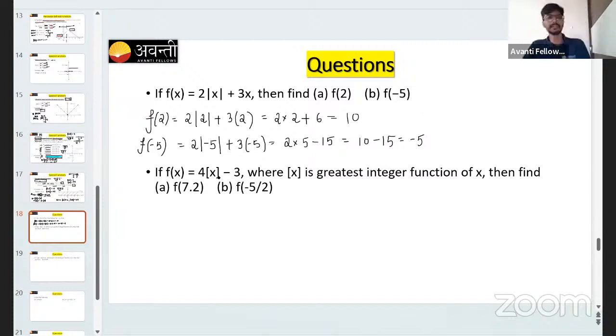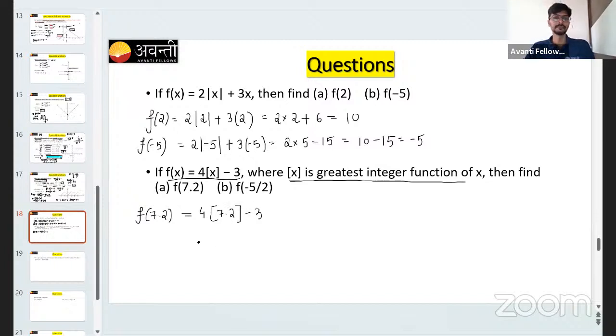Next is for step of x. So here f of x is 4 step of x minus 3. It is given that the square bracket x is the greatest integer function, or as we like to call it, the step function. So first is f of 7.2, which means put 7.2 in place of x, so 4 into step of 7.2 minus 3.